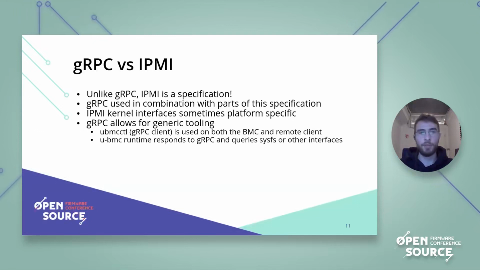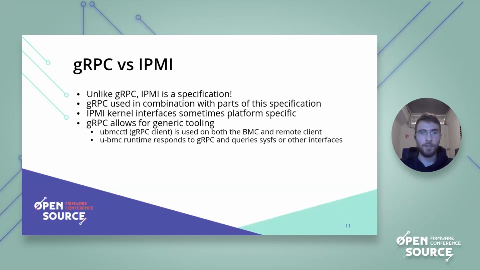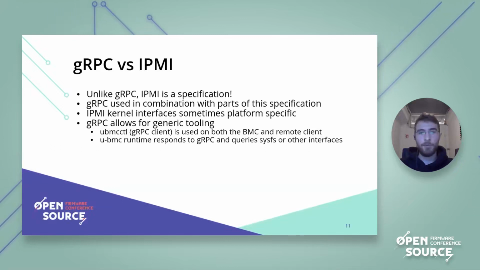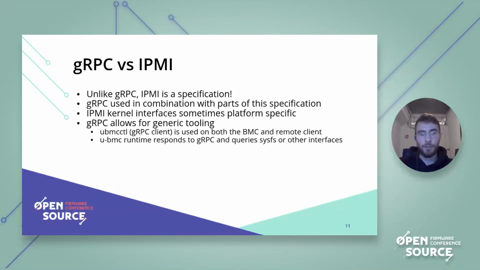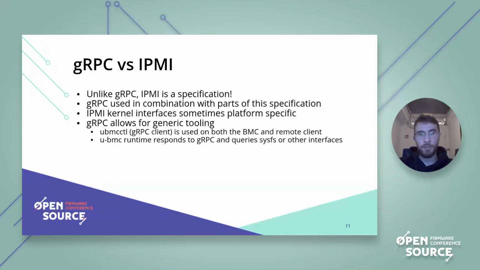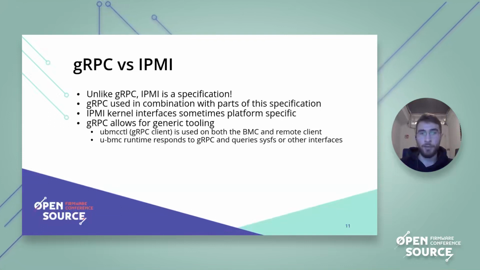So you can just use the generator of your choice, take the protobuf files from our repository and recompile them in whatever, like Java, C, or even Rust. But if you don't want to go for your own client, just use UBMC control. And as it's written in Go, it should work on Linux, Windows and Mac by simply changing what the compiler should compile for.